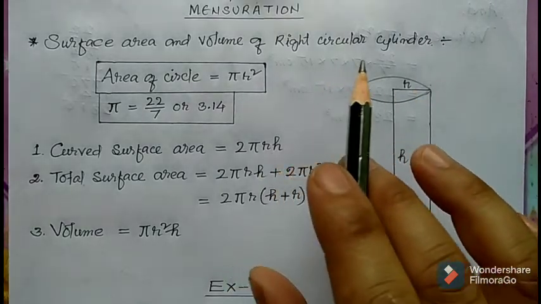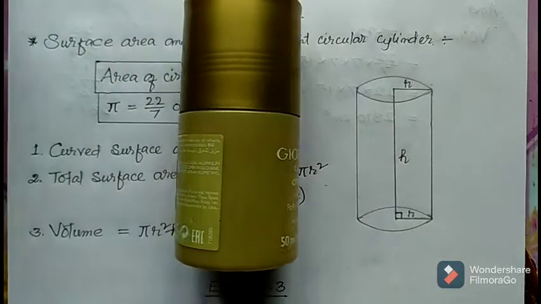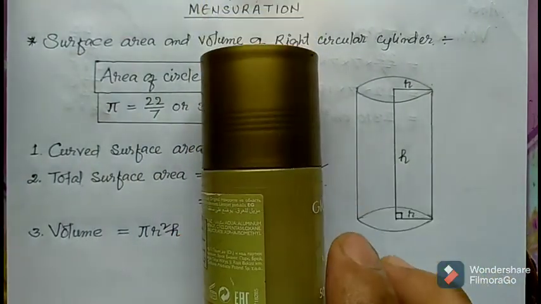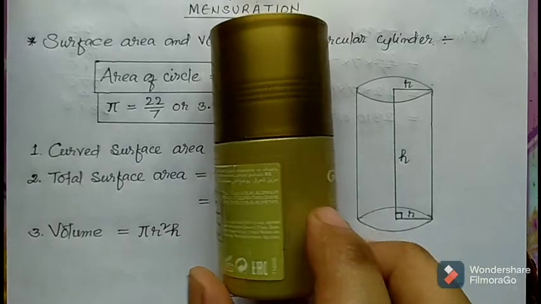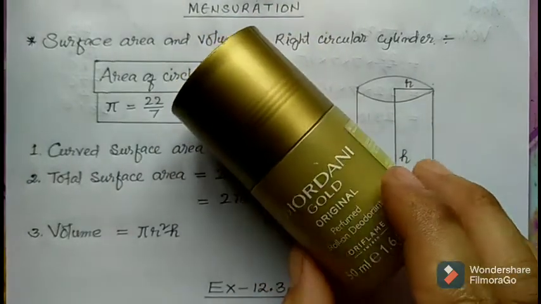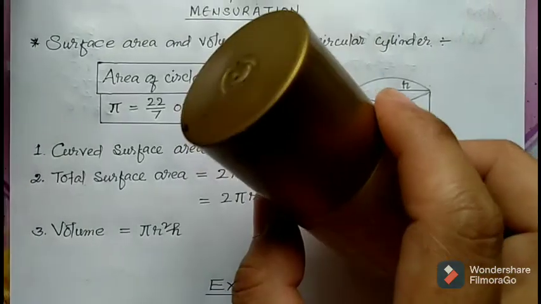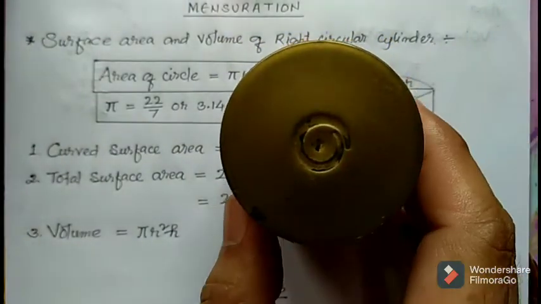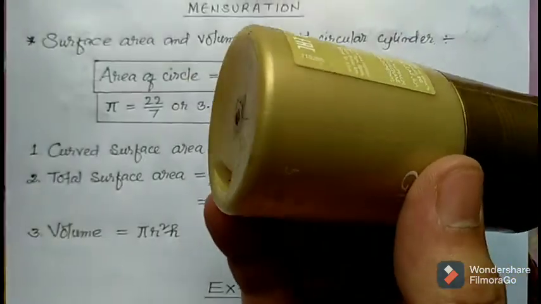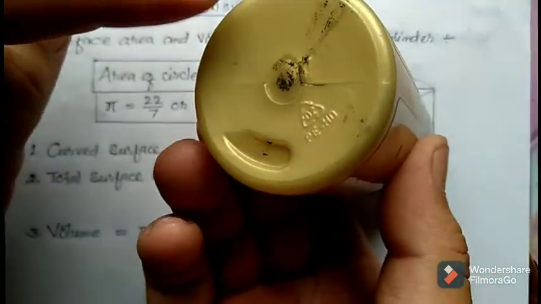Before we go to the formulae, now look at this container. Ignore the exact container or what content is inside. Look at this shape. You can see this is round, the top is circle shaped, and look at the bottom too, it is circular round shape.